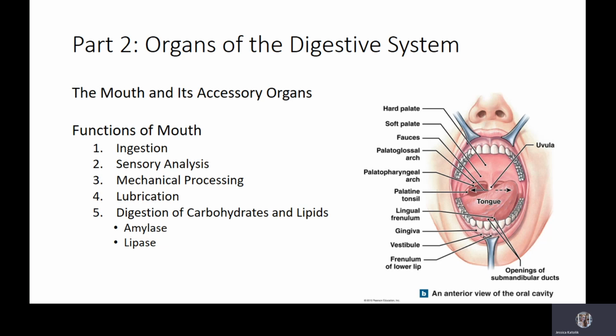So mechanical is going to be a physical process, while digestion is going to be a chemical process. So how do we mechanically process food? We're going to mechanically process food primarily using the teeth, which are going to cut, tear, and crush the food that enters our mouth. We can also use the tongue and other surfaces of the mouth to crush the food as well.